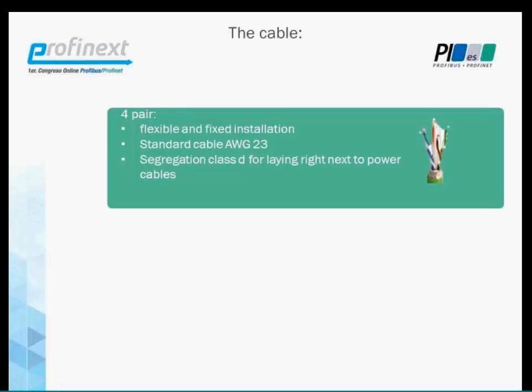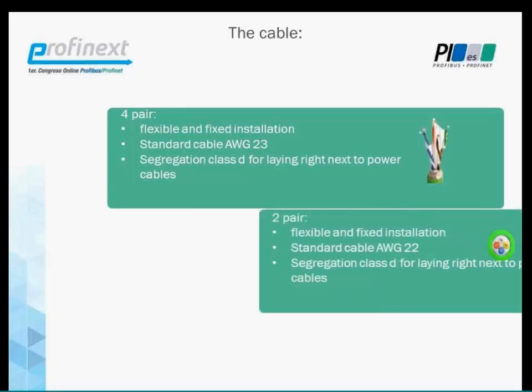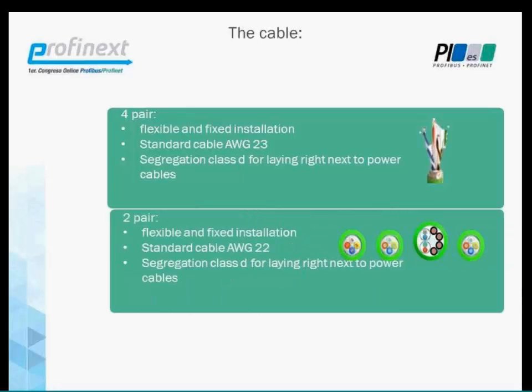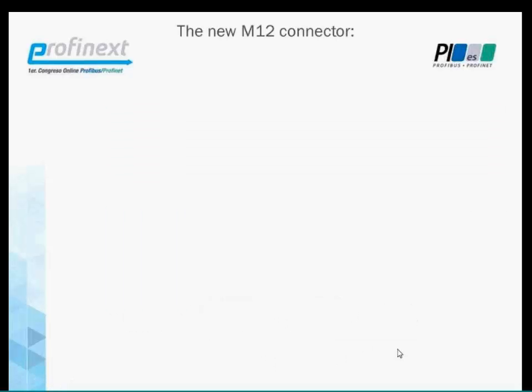And what is very important, because you have very big EMC problems, you need a segregation class D for laying the cables next to power cables, for example. We have this for 4-pair cables, and we have the same today for 2-pair cables. So you can choose whether you use 4 or 2-pair cables. Profinet today has cables for all typical industrial applications.